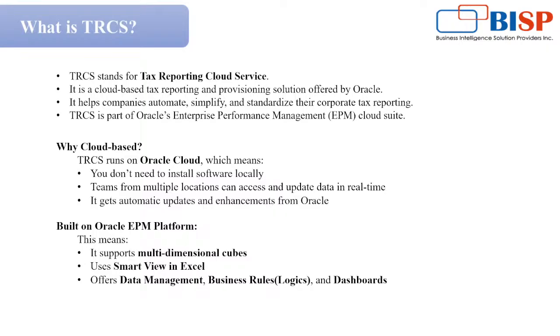Let me give you an example. For example, if a multinational company has three subsidiaries, one in India, one in the US, and one in Germany, each one of these has different tax rates, different rules on deductions, and different ways of reporting. If the company tries to manage this manually, it will need three different teams and multiple Excel sheets.